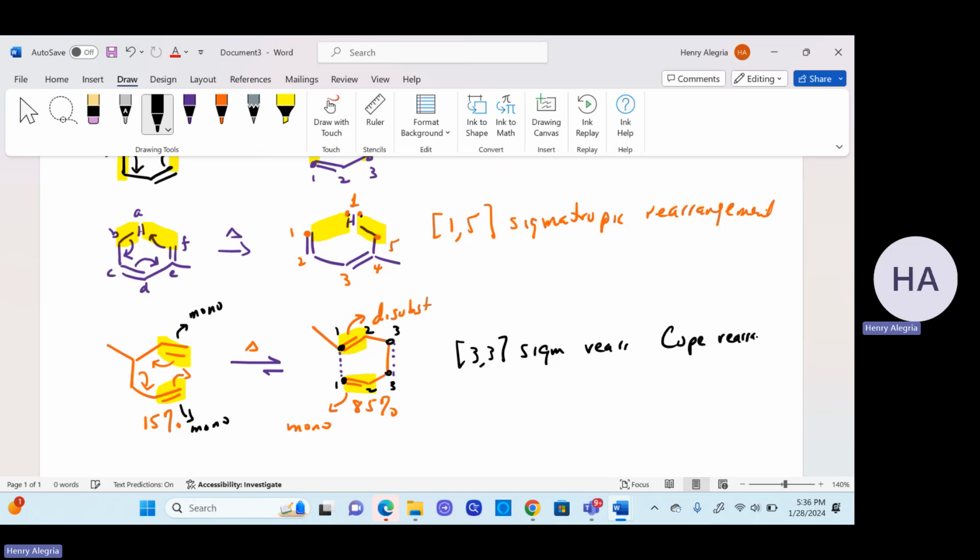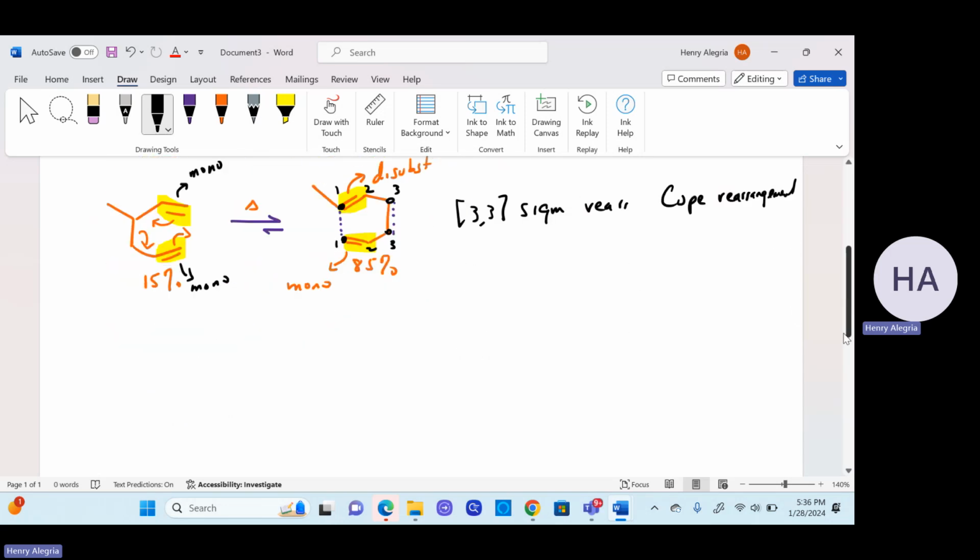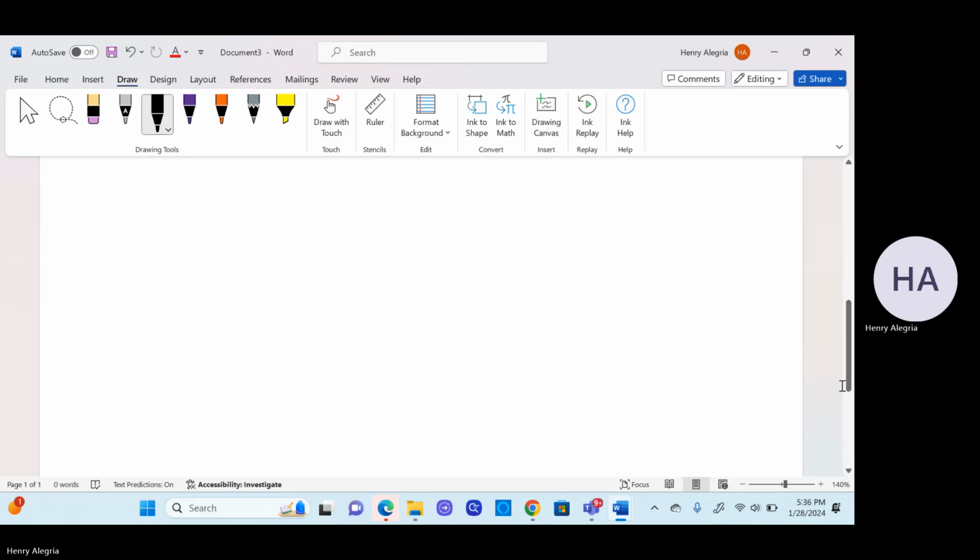So there are quite a number of these sigmatropic rearrangements that actually have names. So that's the Cope. You can also have what's called the oxy-Cope. You can have the Ireland, the Claisen-Ireland, the Claisen as examples. So let me just illustrate with one that you already know.